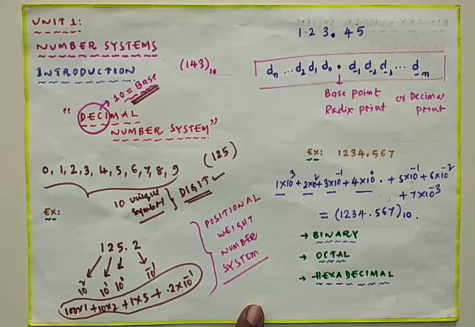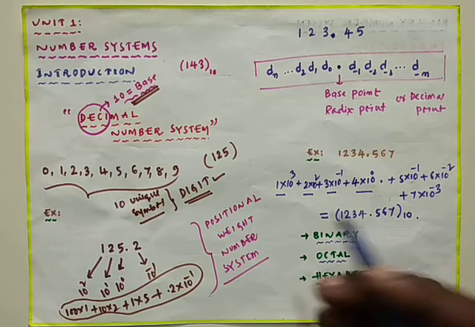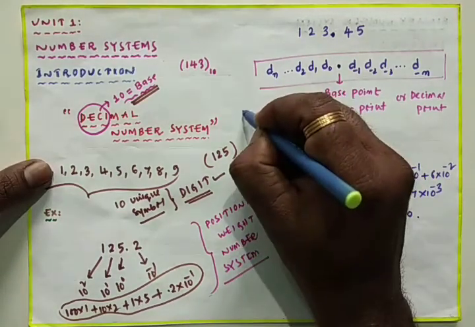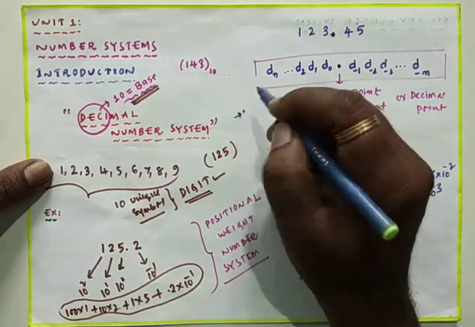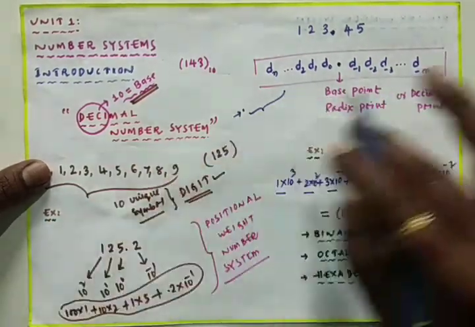If you are good at this, we can go for the remaining number systems, which are nothing but the binary number system, octal number system, and hexadecimal number system. So in the study of any number system, first of all we must know how many digits and what digits it can have.